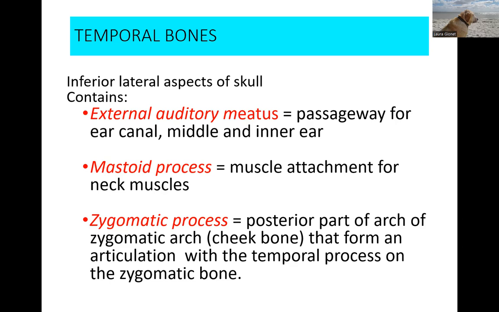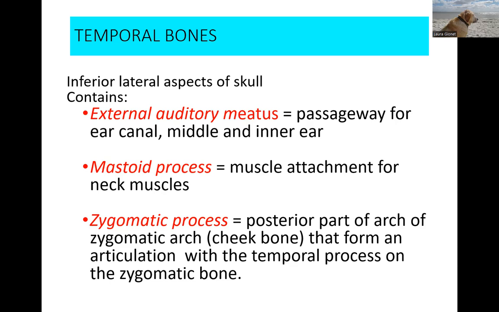The zygomatic process is a portion of bone from the temporal bone that extends toward your nose. And that part of bone, called the zygomatic process, will contribute to the cheekbone, the arch and cheekbone area.